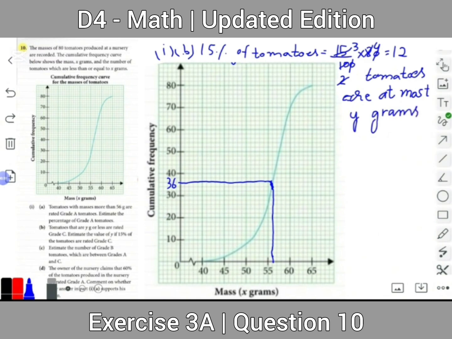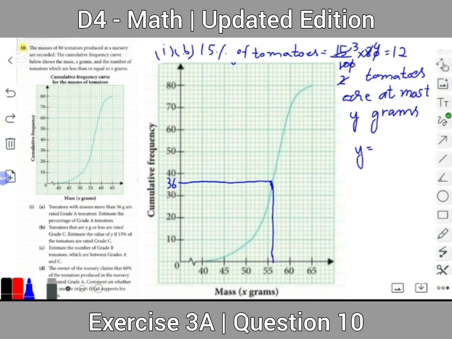Now from the curve, we can find the value of Y. From the vertical axis, at cumulative frequency of 12, we have 10 and here we have 12.